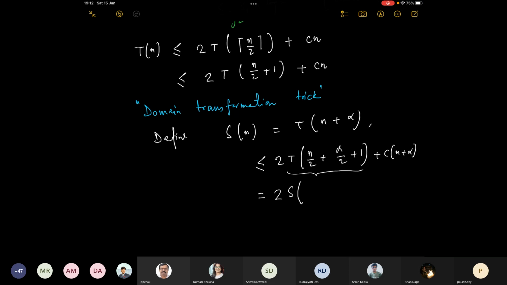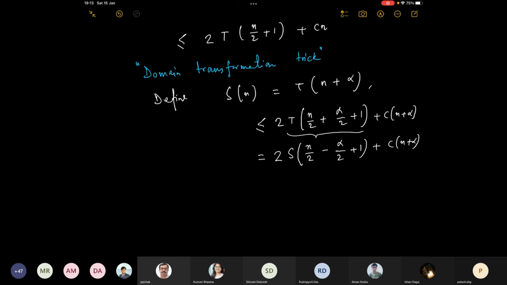If S(n) equals T(n + alpha), then T(n) is S(n minus alpha). Very good. From S to T, I need to add alpha. Saying the same thing in a different way, from T to S, I need to subtract alpha. So when I go from T to S, from the argument, I need to subtract alpha, and I get minus alpha by 2 plus 1 plus c times (n plus alpha).